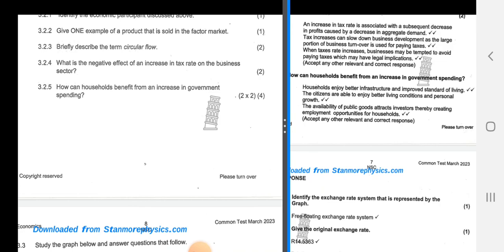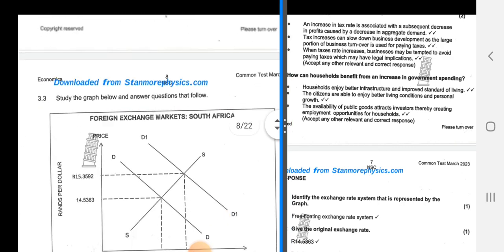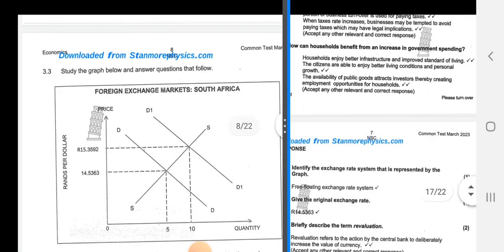So meaning improving infrastructural development. Households will enjoy better infrastructure and improved standard of living, and citizens are able to enjoy better living conditions and personal growth, and there will also be jobs, guys. So don't forget to add that. That is another benefit.